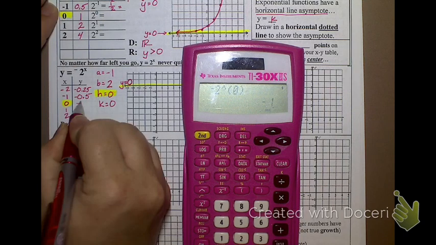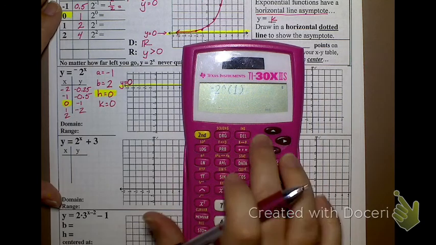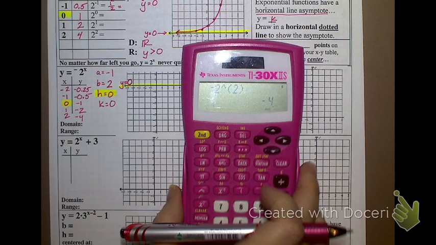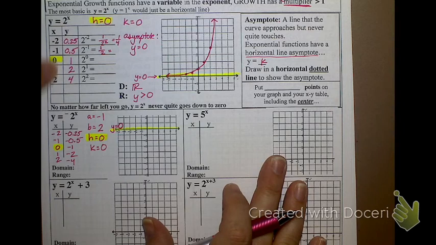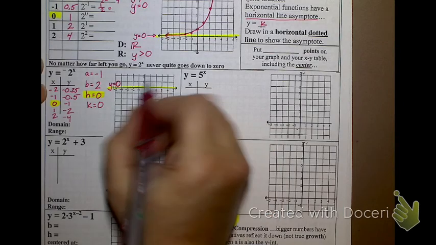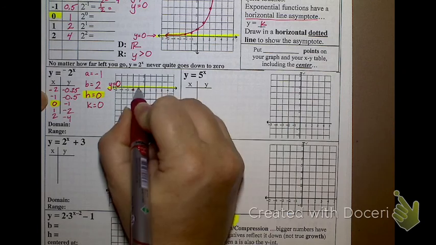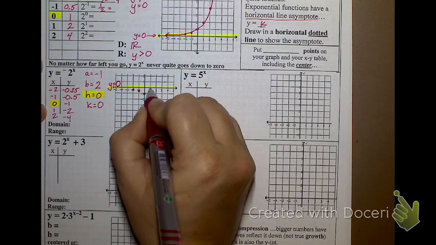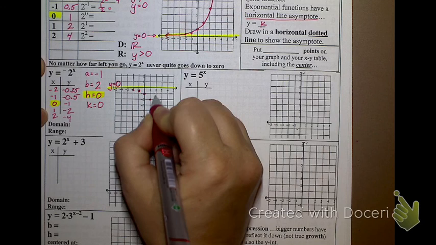What if I plug in 1? Negative 2, and 2, negative 4. Those are the exact same values, just negative. So let's see what that looks like. Negative 2, negative 0.25. Negative 1, negative 0.5. 0, negative 1. 1, negative 2. And 2, negative 4.